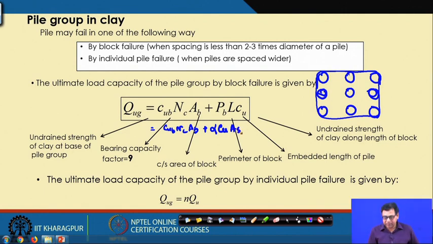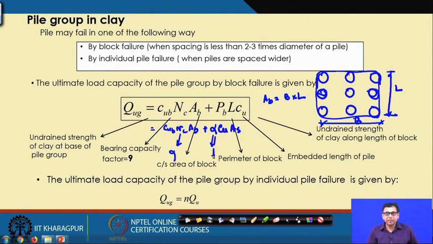So, that means here Nc is again equal to 1, Ab will be the area of this block. Okay. So, if this is the B and this is the L, then B into L will be the Ab. Okay. And here alpha value will be equal to 1.